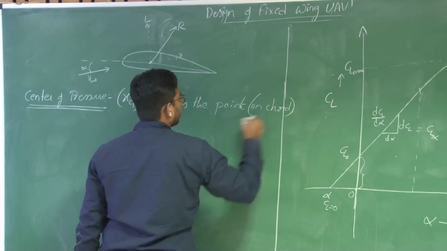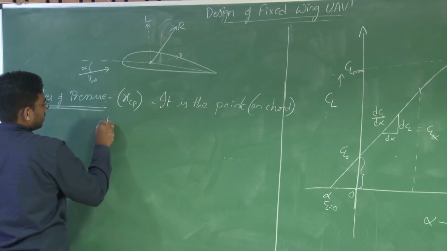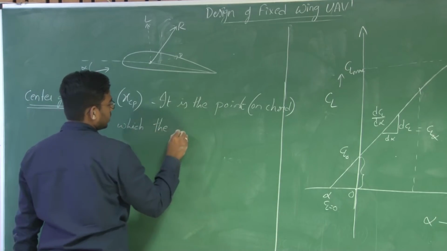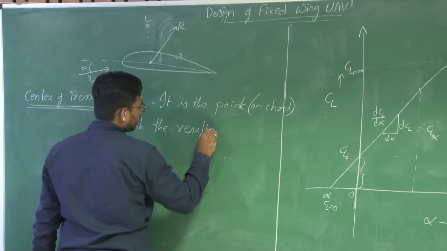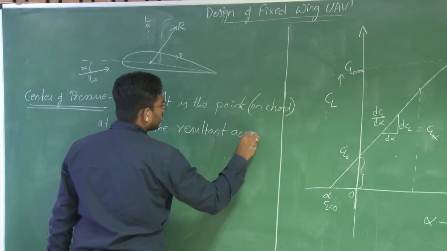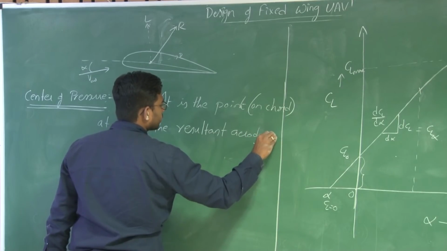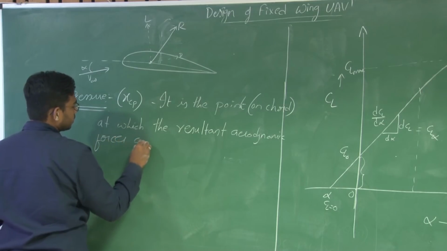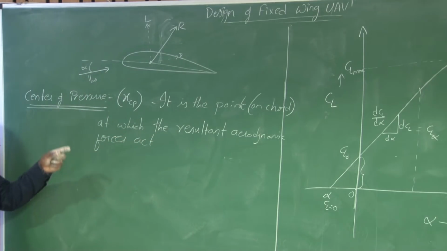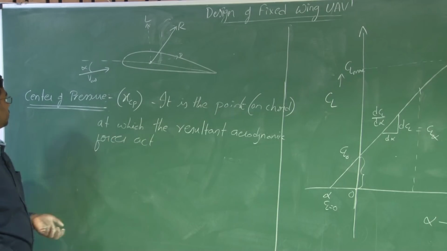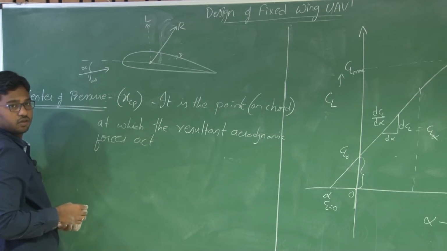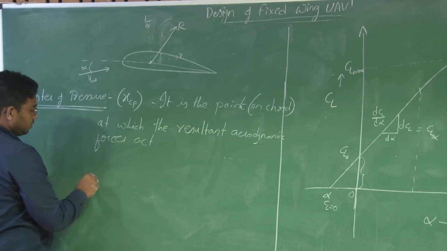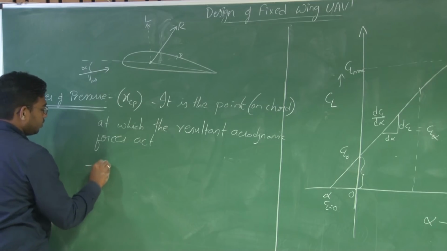On the chord, at which the resultant aerodynamic force acts. So at the center of pressure, if you take a moment about the center of pressure, it will be 0. So moment about center of pressure is 0.